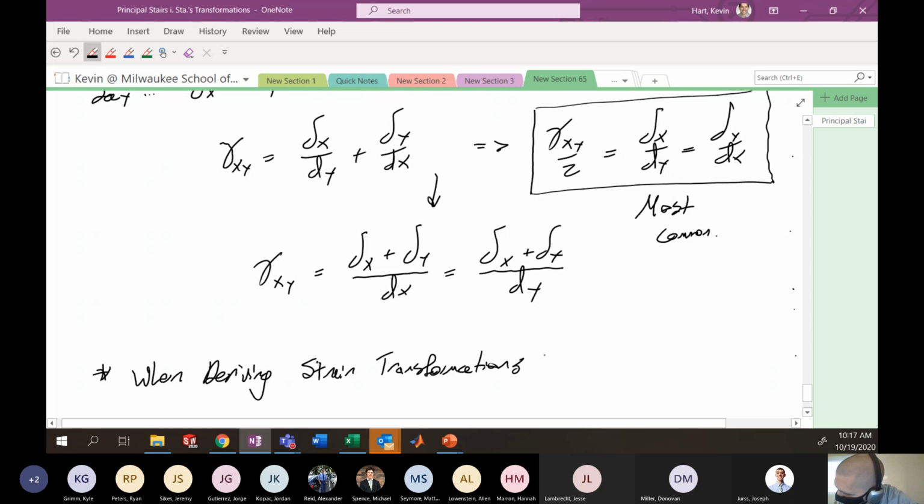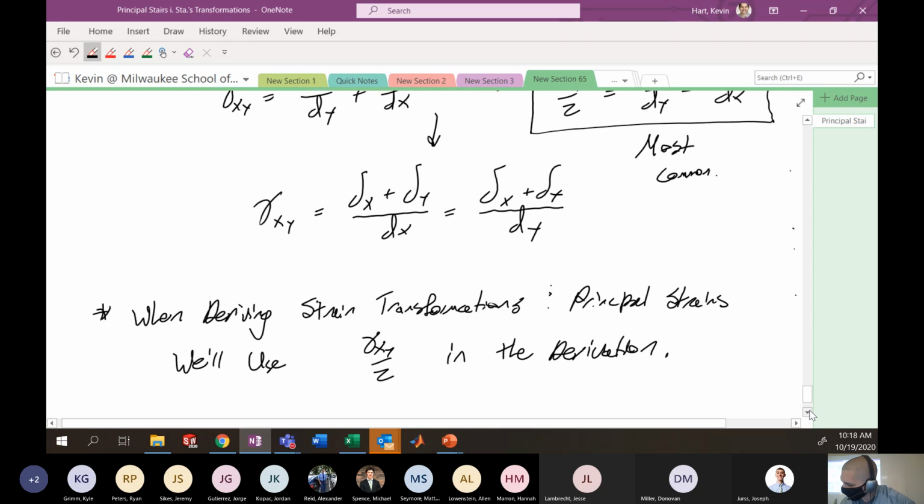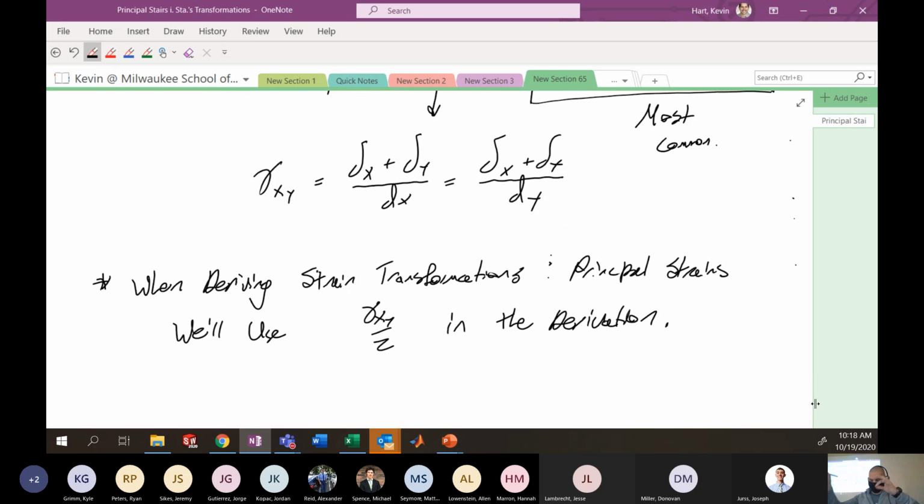That when we derive strain transformations in principal strains, we'll use gamma xy over 2 in the derivation. And you can dive into the notes if you really want to see what that looks like. And so because of this, there's a factor of 2 that looks different than the stress transformation equations.